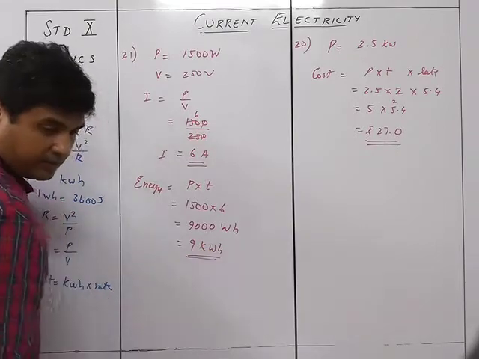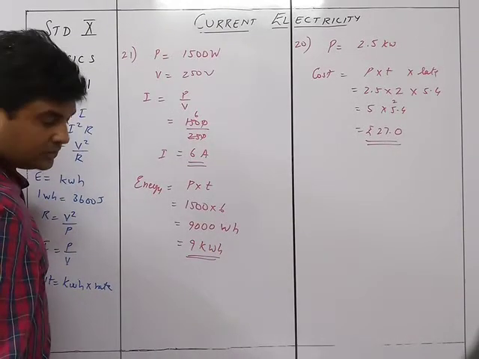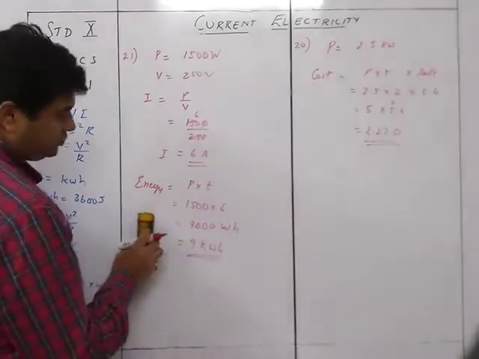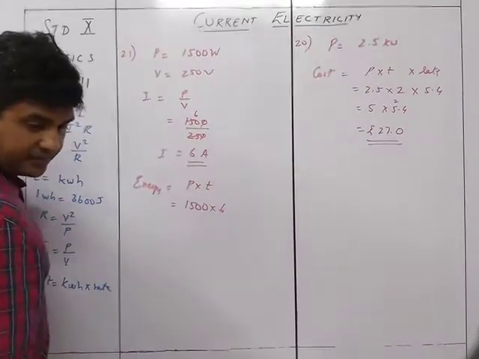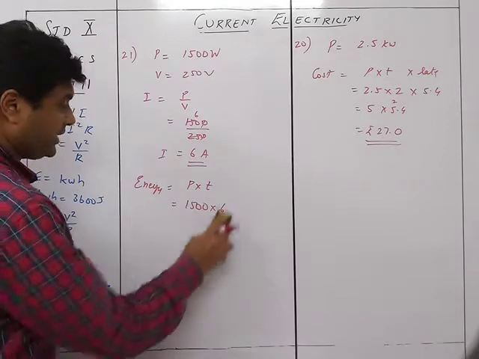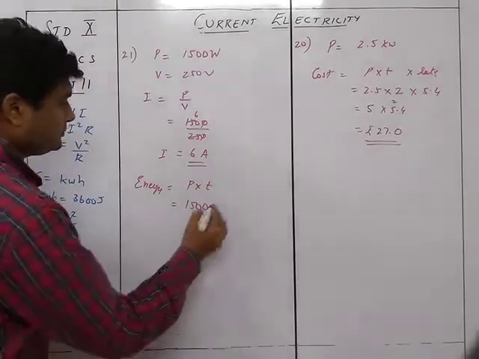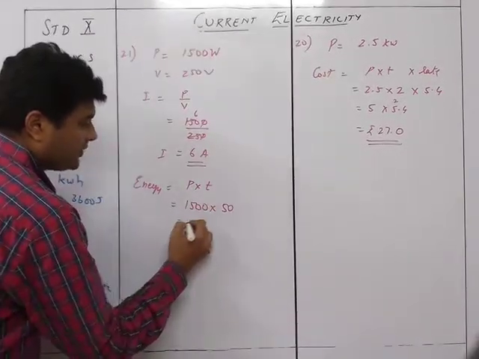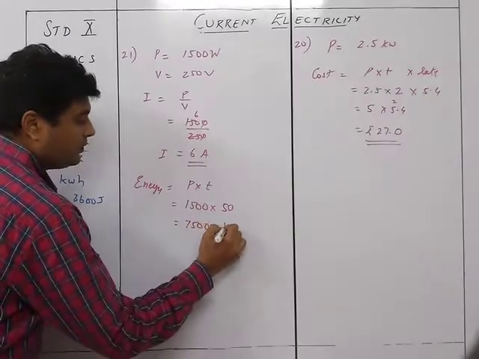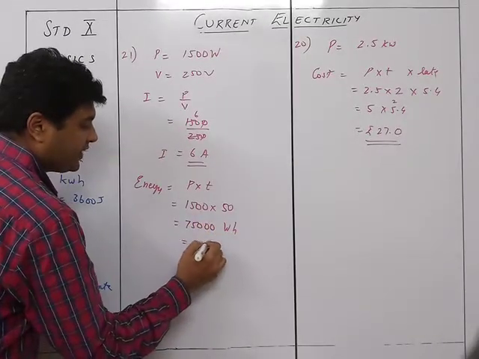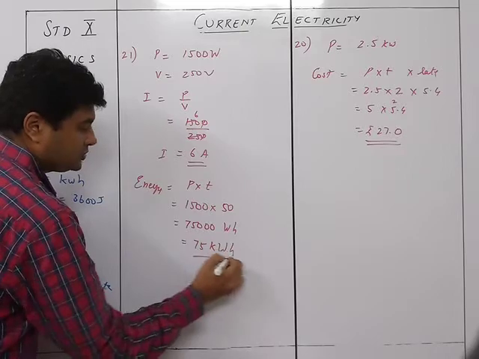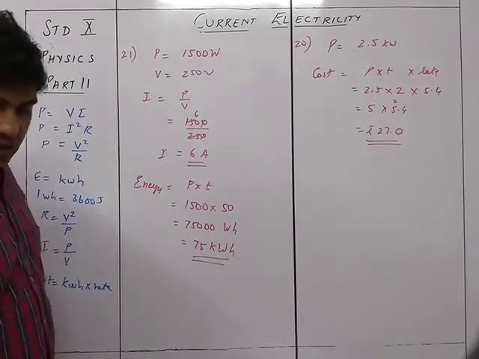One minute, it is 50 hours, not 6 hours. Therefore 50 hours: 1500 into 50 is 75000 watt hour, equal to 75 kWh. That's the answer, energy consumed in 50 hours.